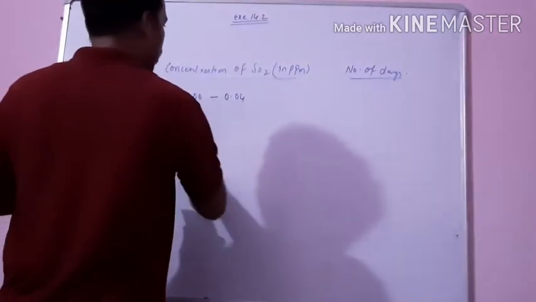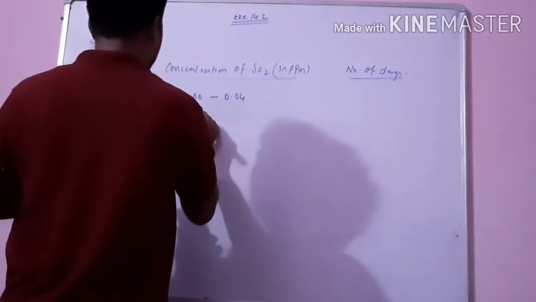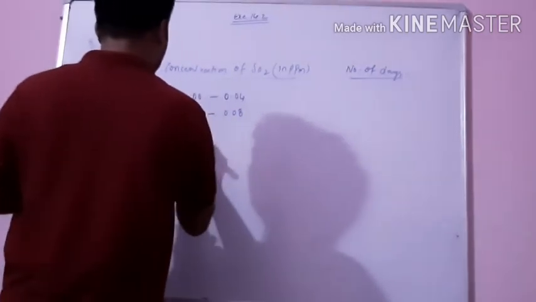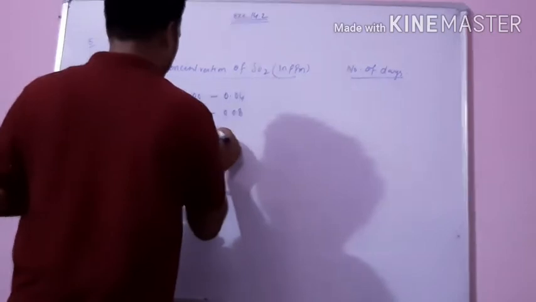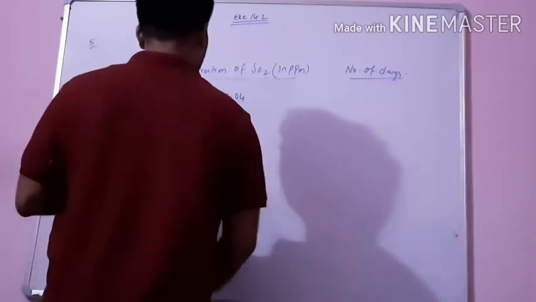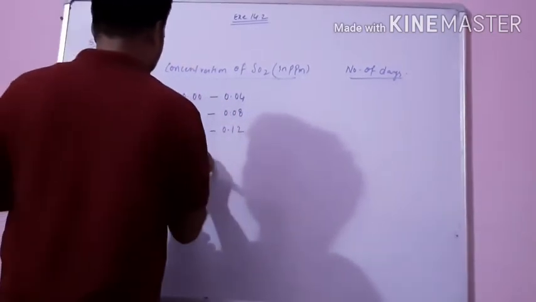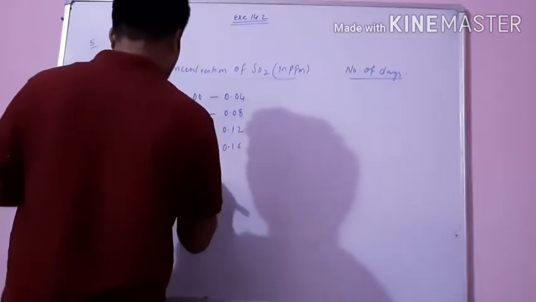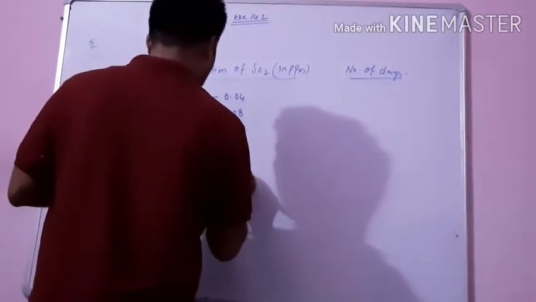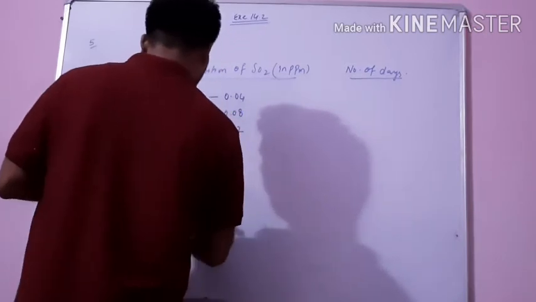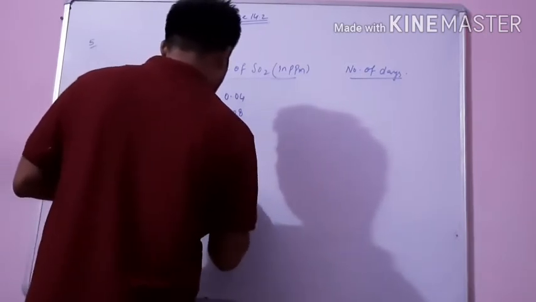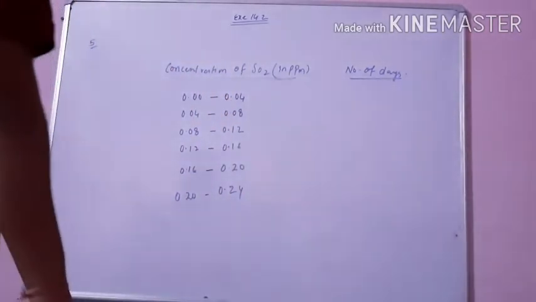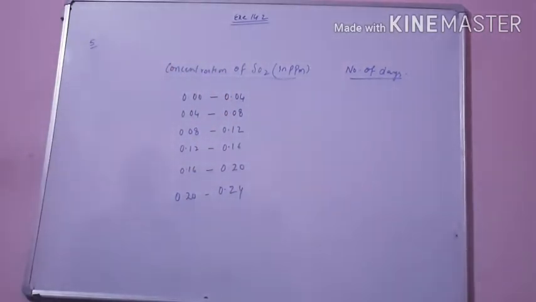So write all the class intervals: 0.04 to 0.08, next 0.08 to 0.12, 0.12 to 0.16, 0.16 to 0.20, 0.20 to 0.24. This will be our class size and class interval.